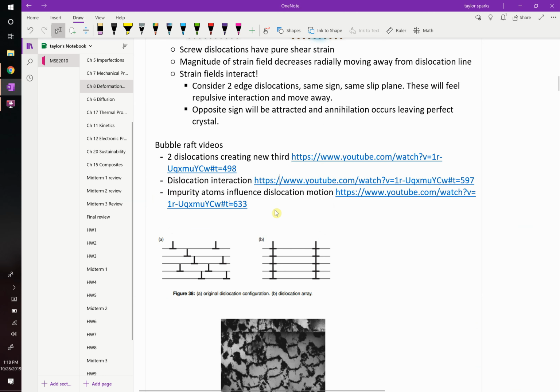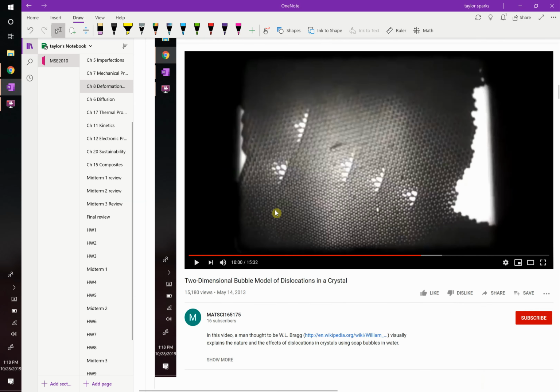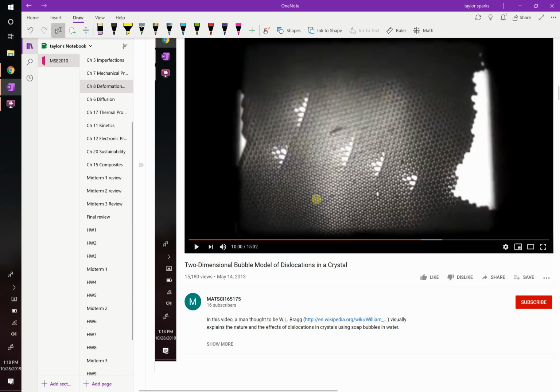Somebody explain to me with strain fields what's going on here. Anybody? What's happening here? Well, we said above it and below it you have opposite signs, right? So let's say that this is tension. So that's tension, tension, tension, and tension.